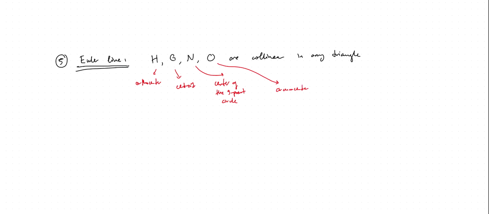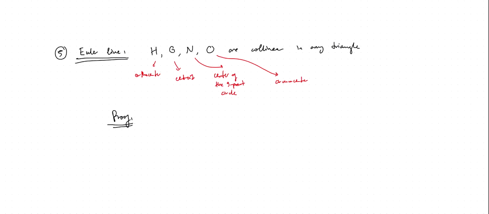So let's prove this. And then I will draw a picture of this. This is very nice, really. Well, first of all, what we know is G is (A plus B plus C) over 3, right?